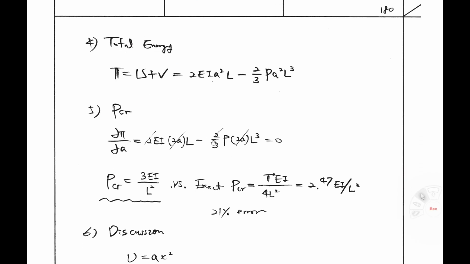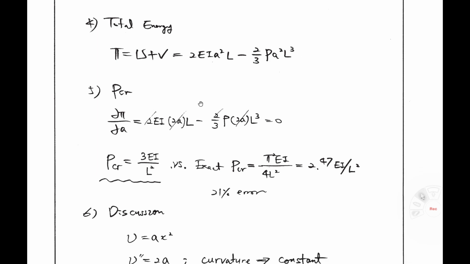If you look at the total energy, it equals strain energy plus potential energy. Your strain energy calculated is this. Your potential energy calculated is this, right? You calculated this strain energy in number 2. This one is number 3, right? Then let's calculate PCR. You can take a derivative of pi against a. So 2EI 2a, right? L minus 2 over 3 P a squared.